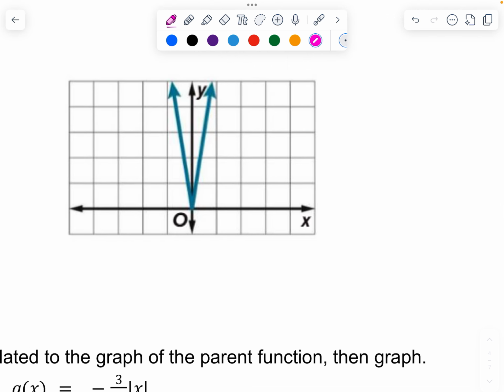This one, it looks like a vertical change. So I'm going to put it on the outside. So g of x equals... And this looks like this would be what? 1/6?